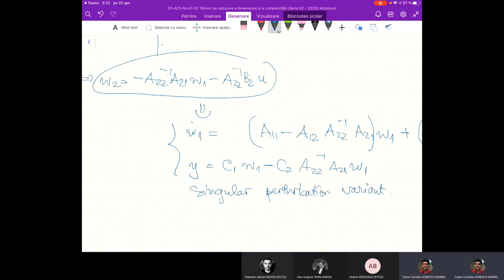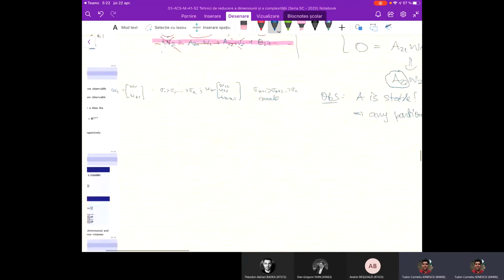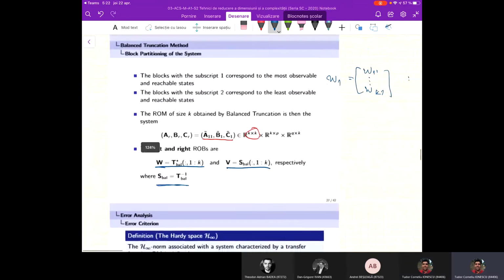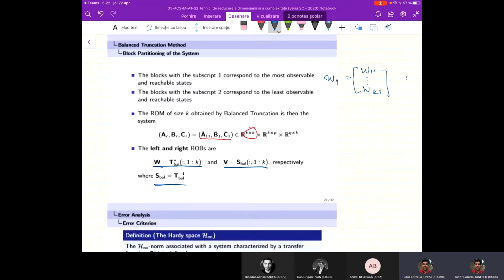So you've got two variants of the balanced truncation model: the regular, the truncation one where you neglect, and the singular perturbation one, where you recover some information also about the neglected part. You keep some information about that as well in your reduced order model, and you can compare these variants in a later homework and see which one gives better results.